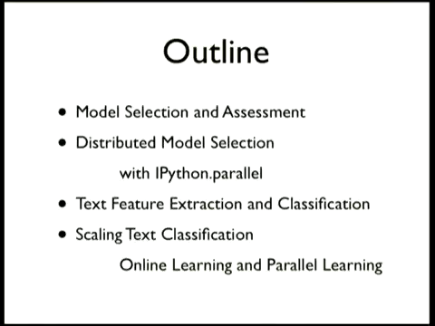And then we will move on to text feature extraction and classification. It's one of the main application areas of machine learning. It's how to process unstructured data such as text. And we will focus on classification, which is a simple task to illustrate the issue. So text classification, in real life, can be spam classification, fraud detection, or comment spam or mail spam and whatever.